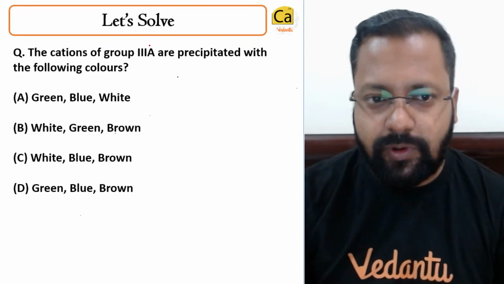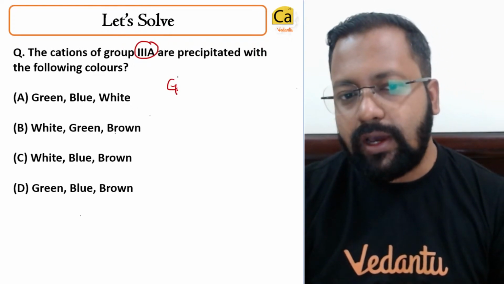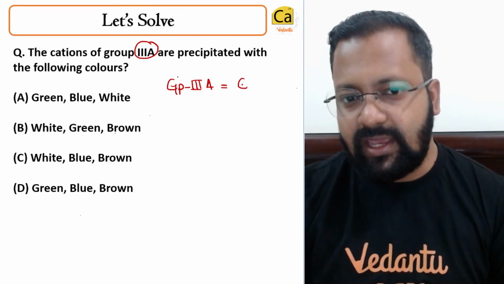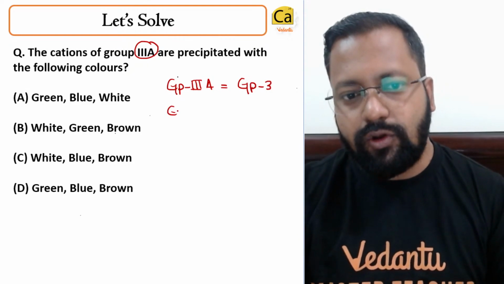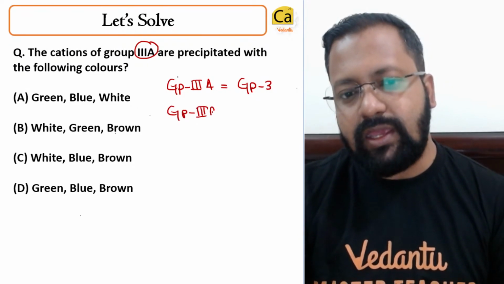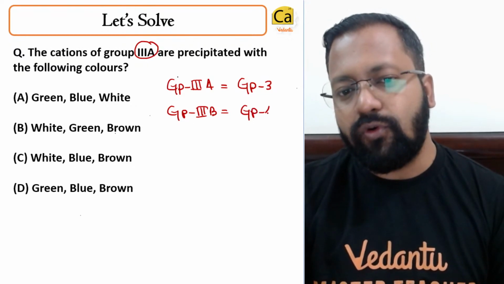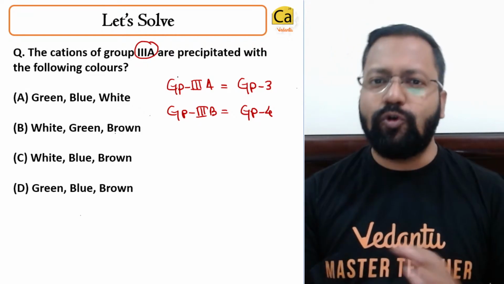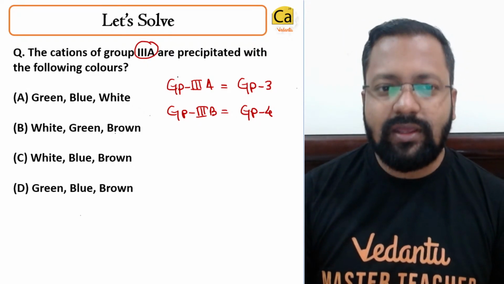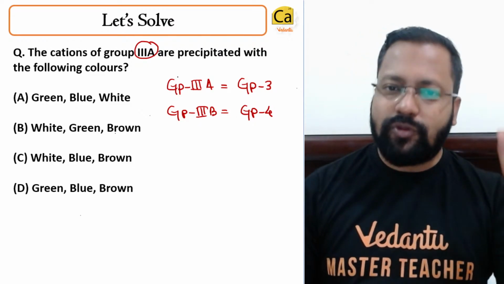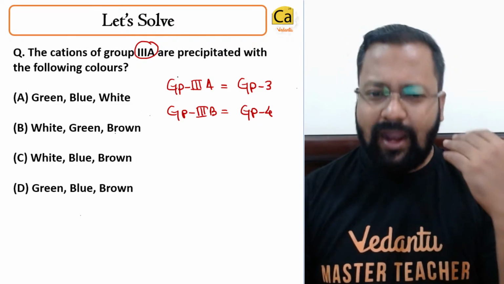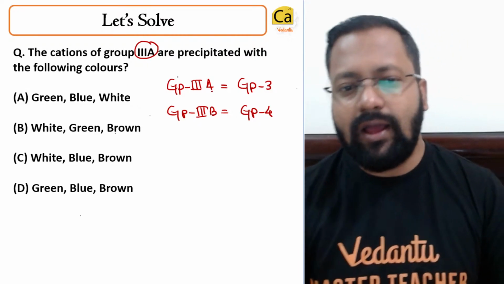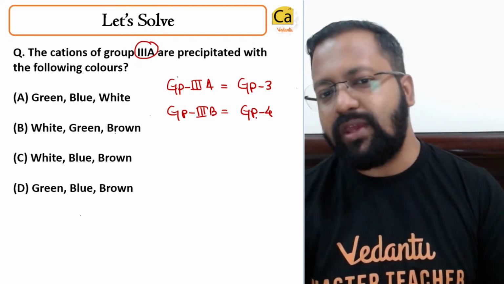Now I had told you earlier that group 3a can be treated as group 3 and group 3b can be treated as group 4. It means the same thing. There are two different schools of nomenclature. Earlier we wrote them as group 3 and 3b. Right now we write them as group 3 and group 4. So 3a is written as group 3, group 3b is written as group 4.